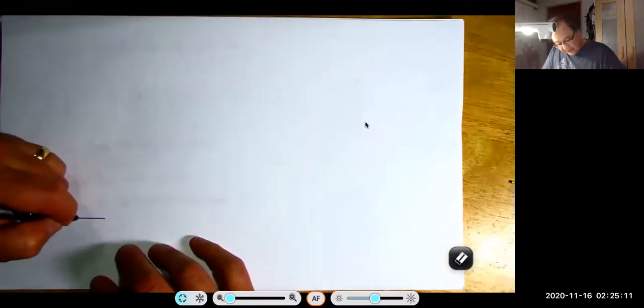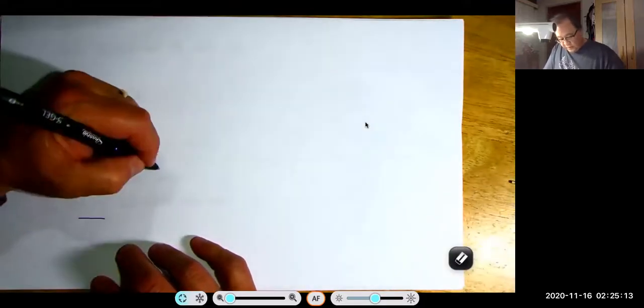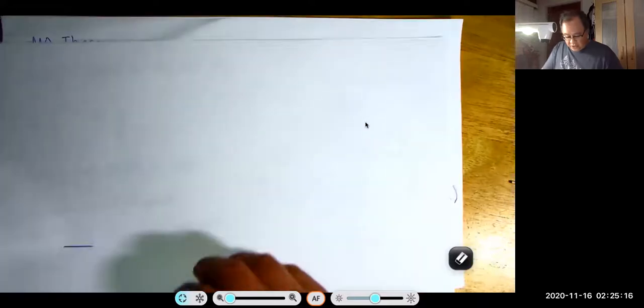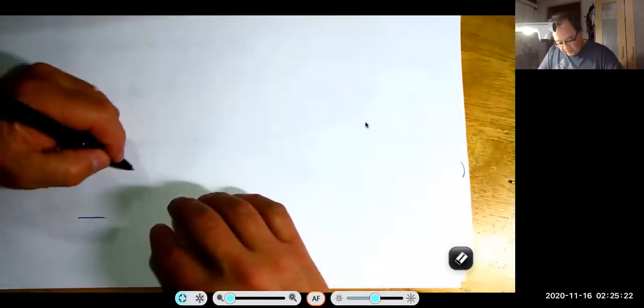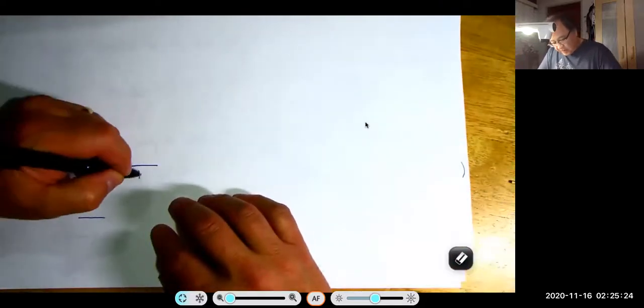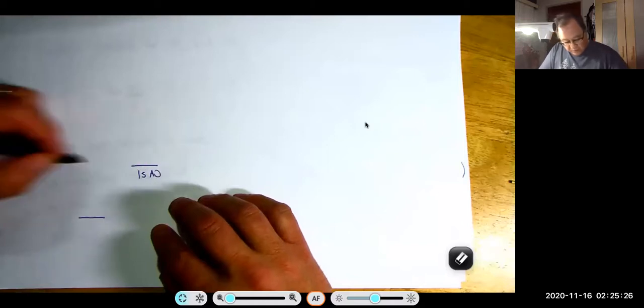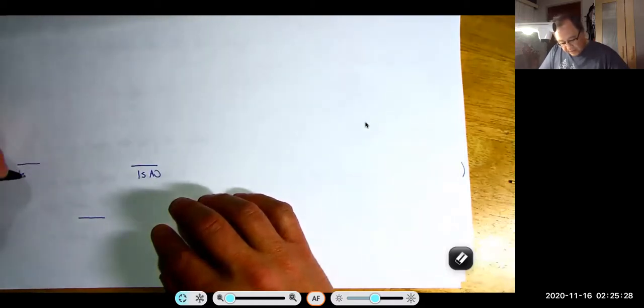So if I redraw it, and I draw the two atomic orbitals to the side, I'm going to draw it just like this. So here's the 1s atomic orbital. Here's the 1s atomic orbital, and here's what it looks like.